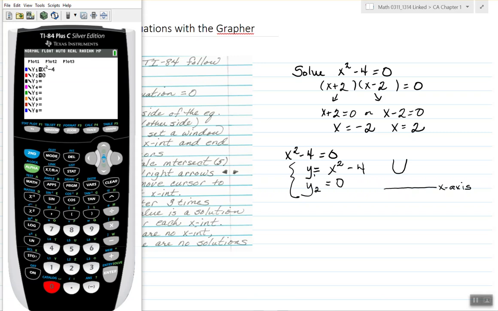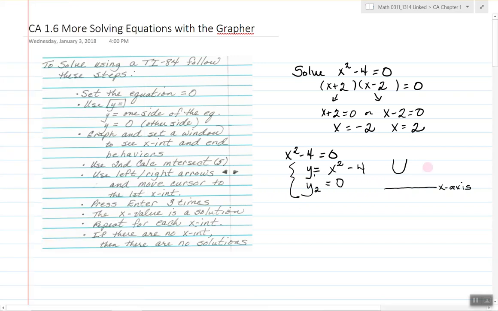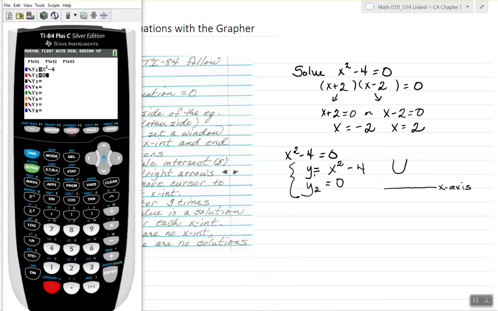It says to set a window so that I can see the shape of both graphs and the end behaviors. So in other words, to see a pretty good picture of that U shape. A standard window is -10 to 10, -10 to 10. Now here's X min and X max.